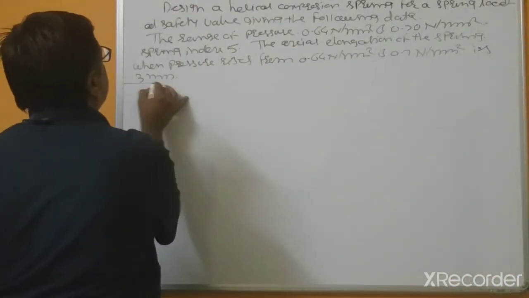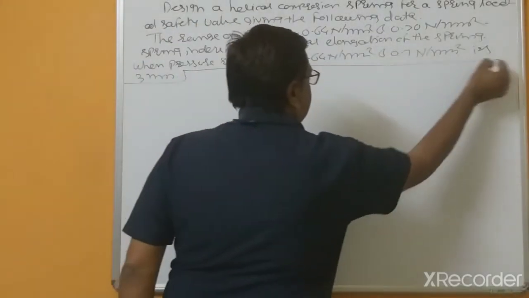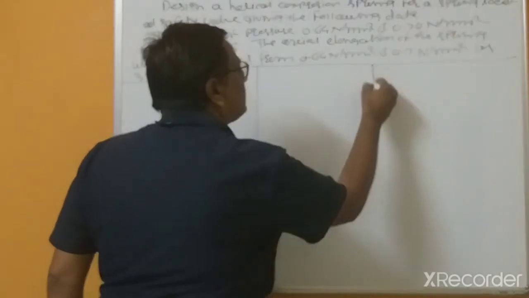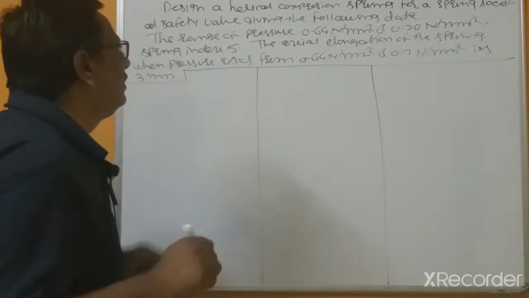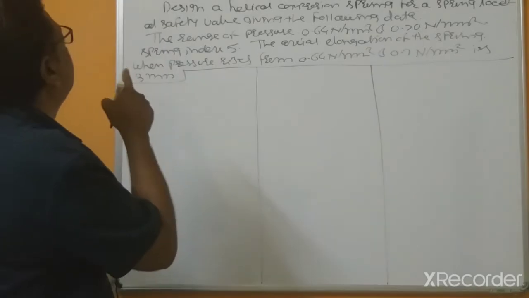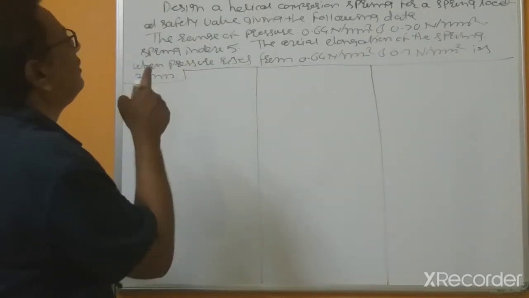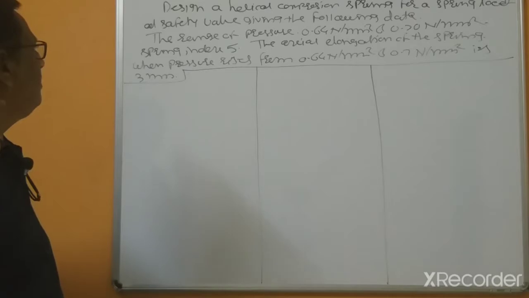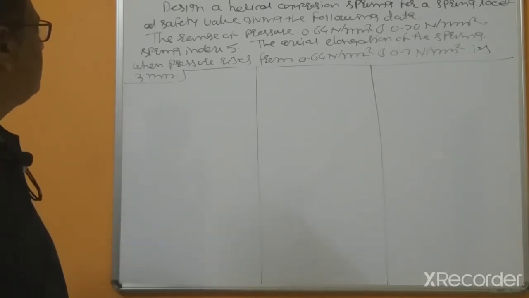So in this problem also, we design a spring. That's why I split the board into 3 parts. First, design a helical compression spring for a spring loaded safety valve, given the following data: the range of the pressures, elongation, and spring index 5.